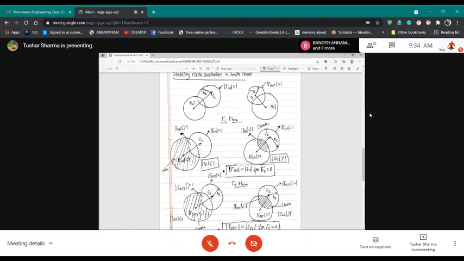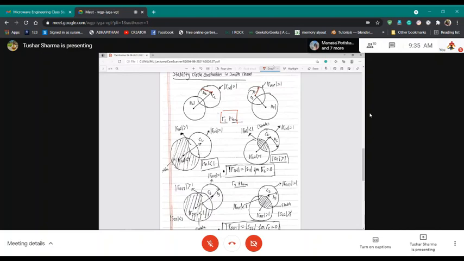Now let's see what happens first at the load, or in the gamma L plane. In the gamma L plane, I have these two circles. Which region of my circle is stable or unstable will be determined by what my S11 is. First case, say my magnitude of S11 is less than 1.